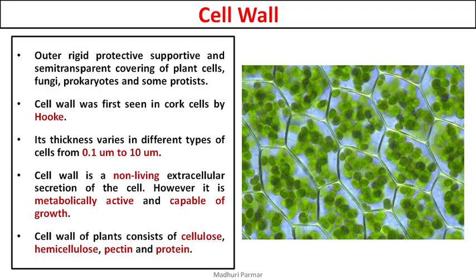Okay, it could be glucose, it could be fructose, glucose and galactose, etc. For example, if you remember, cellulose is a linear polymer, or it is a polysaccharide of beta glucose. Okay, so beta glucose will come together, they will form a long chain, and that will form the cellulose. Same way, there is hemicellulose, pectin, all three of them are polysaccharides. And finally, you have proteins also which are present in the cell wall.